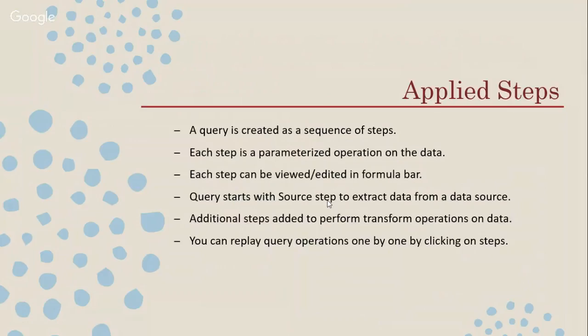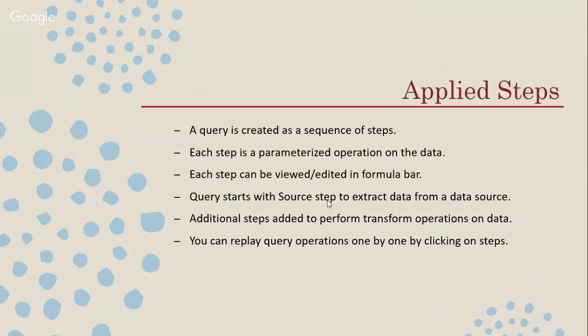So what are Applied Steps? A query is created as a sequence of steps. Each step is a parameterized operation on the data. You have promoted your first row as headers; that step's output will be taken as input to the next step. Each step can be viewed or edited in the formula bar.